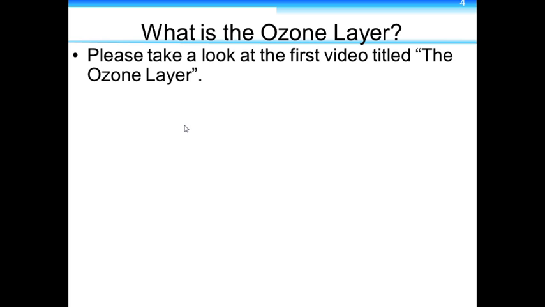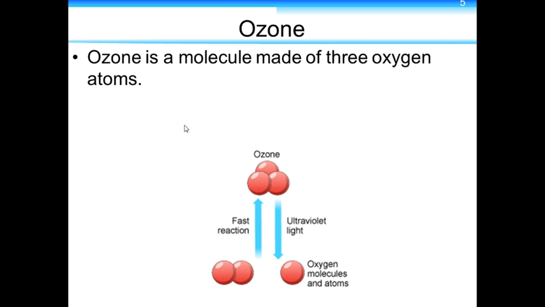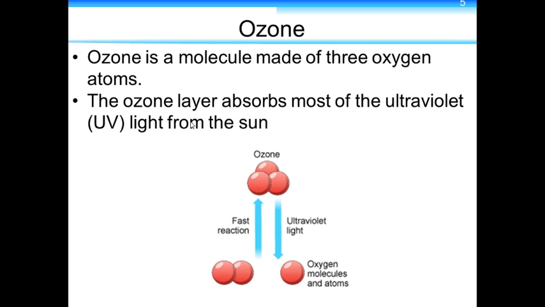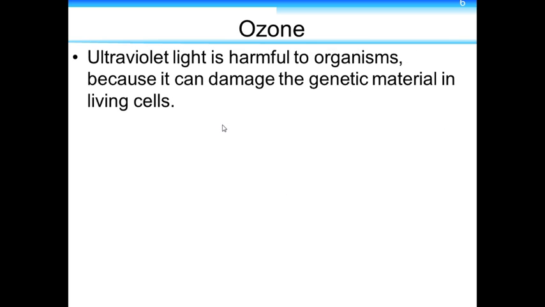Okay, so let's talk about what the video described. Ozone is a molecule made of 3 oxygen atoms. Ozone can be broken down when light strikes the molecule, and therefore, instead of the light going all the way to the Earth, the ozone layer blocks some of that light.